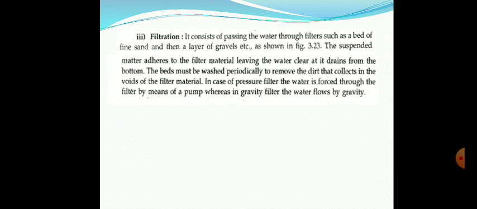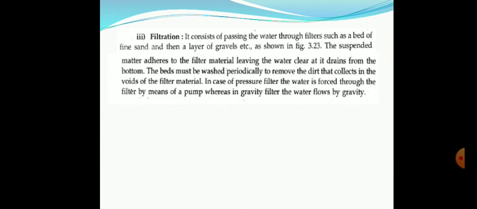The third process is filtration. It consists of passing the water through filters such as a bed of fine sand and then a layer of gravels, etc., as shown in the figure. The suspended matter adheres to the filter material, leaving the water clear as it drains from the bottom.